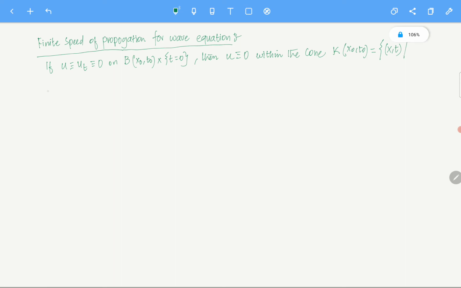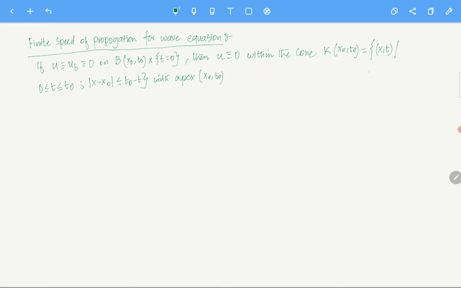Clear? So this is the cone with apex (x0, t0).